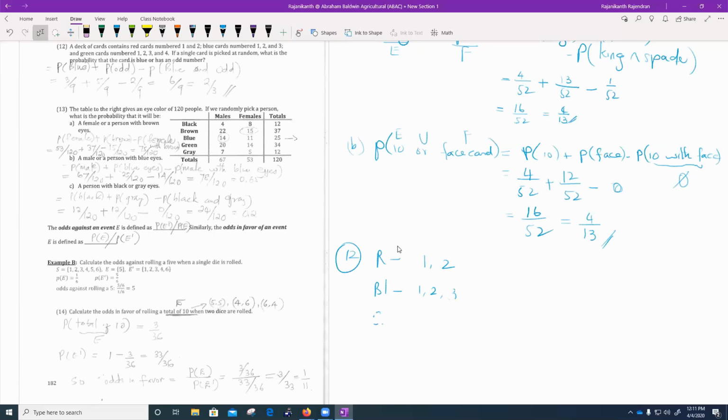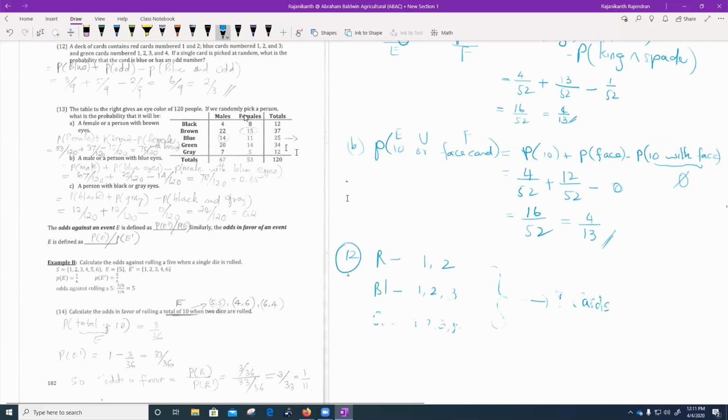And the green cards, numbered 1, 2, 3, and 4. Right? Altogether, how many cards are there? There are 9 of them. Here 4, here 3, 4 plus 3, 7 plus 2, 9.